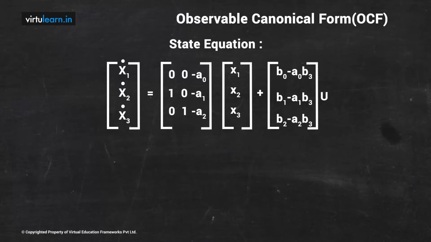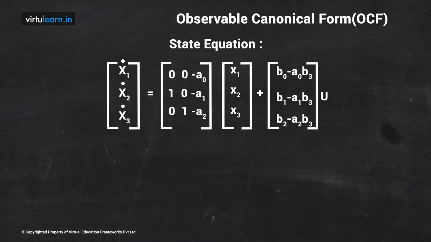Similarly x2 dot we have 1, 0, and also minus a1. Then in B matrix we have the entry b1 minus b3 a1. Similarly for the third one we have 0, 1 and minus a2, and the last element of B matrix is b2 minus b3 a2.